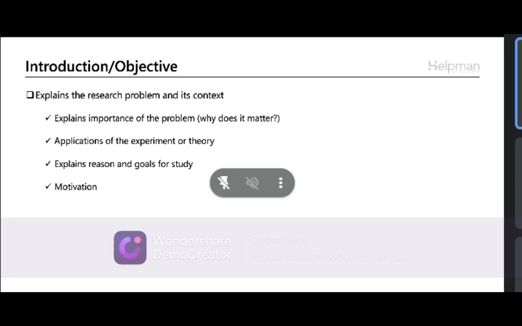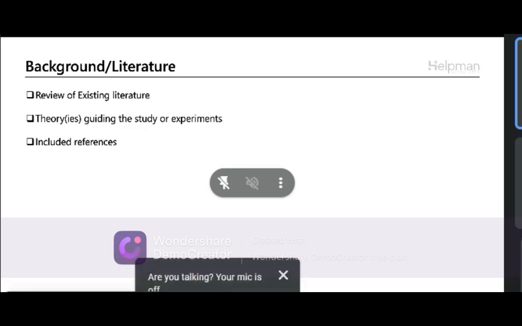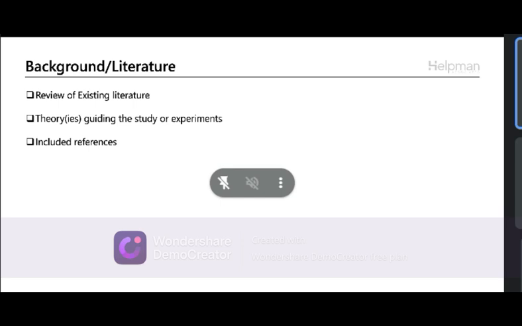Okay. After the introduction and objective, where you have explained the problem clearly, then your literature, which is background slash literature. Review existing literature, theories guiding the study or experiment, and then references. I've said before, a literature review is not one line for every author.